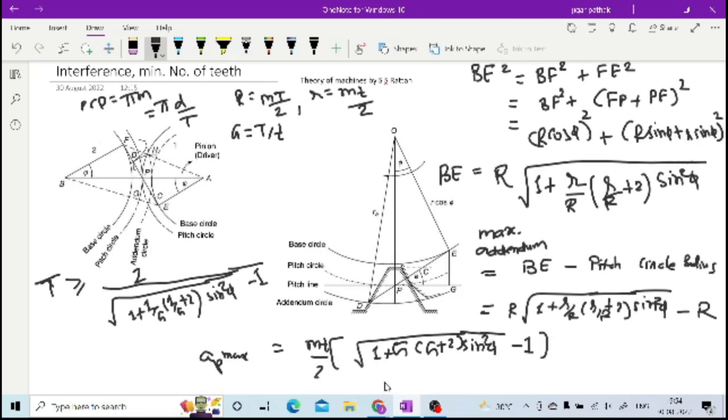So this is how you can calculate this also, and further you can also get the minimum number of teeth on the pinion, as we have calculated for the gear.